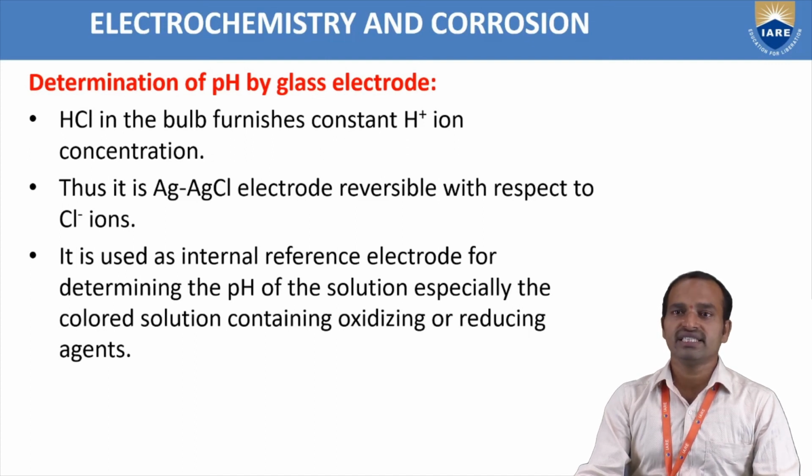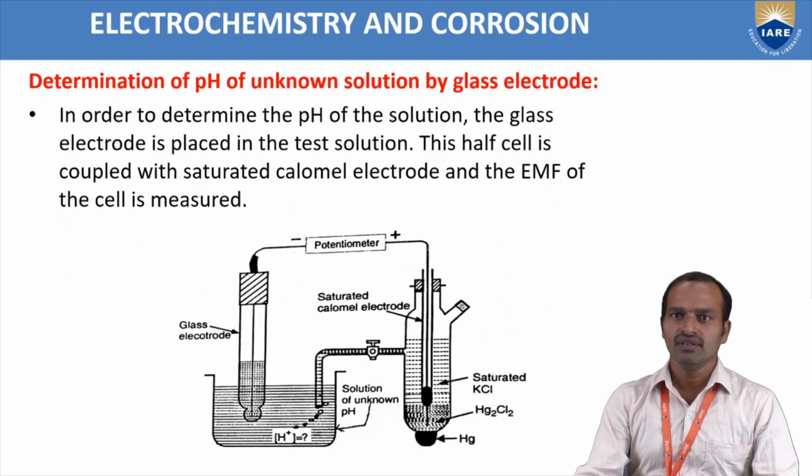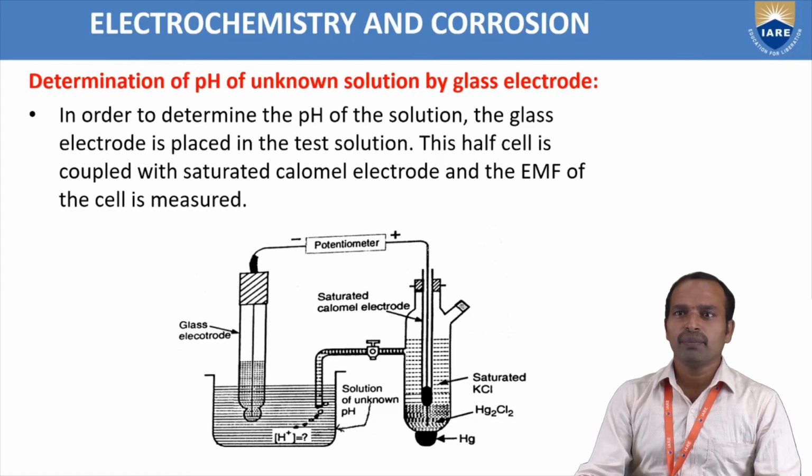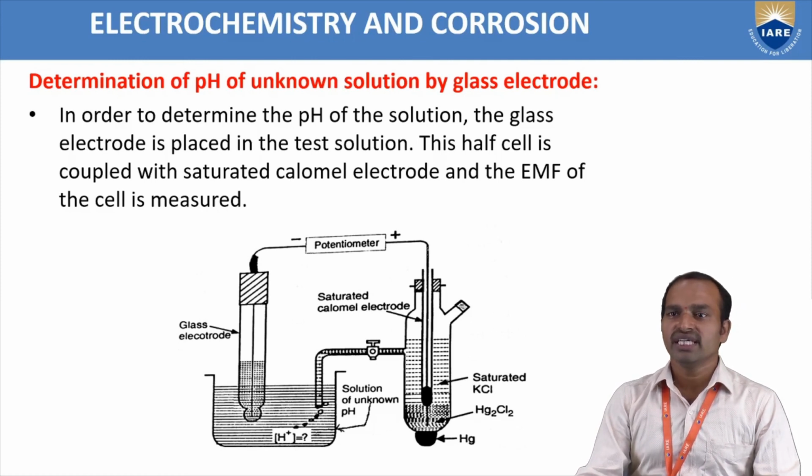Thus, it is a silver chloride electrode reversible with respect to Cl minus ions. It is used as an internal reference electrode for determining the pH of the solution, especially a colored solution containing an oxidizing or reducing agent. So you see here, the determination of pH of an unknown solution by using the glass electrode.